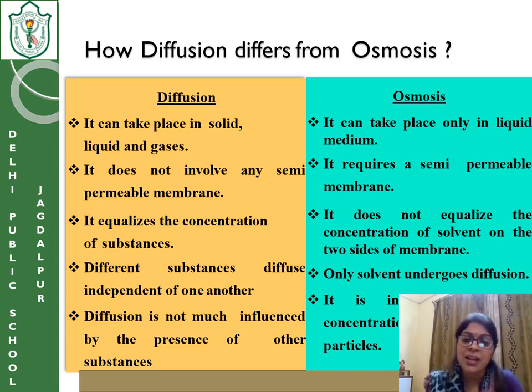This shows that the solvent moved, and the semi-permeable membrane was the potato layer. Only the solvent molecules moved from outside to inside. No solute particle movement was seen.